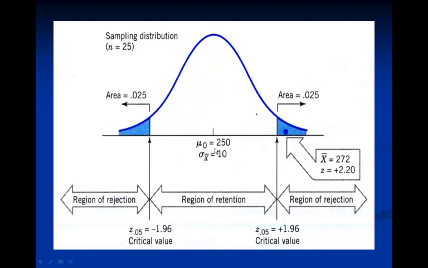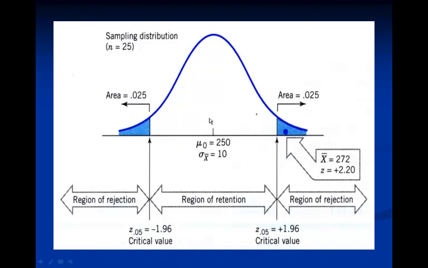So to calculate these, the critical value of z at the 5% two-tailed level is plus or minus 2, or more precisely 1.96, drawn in here. So 95% of a standard normal distribution lies between a z-score of minus 1.96 and a z-score of plus 1.96.